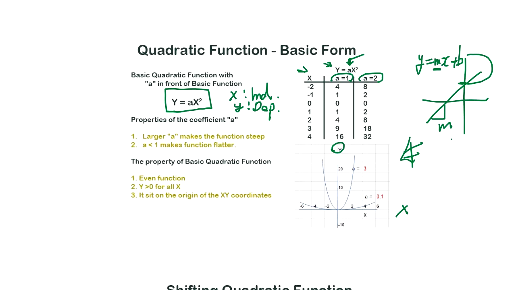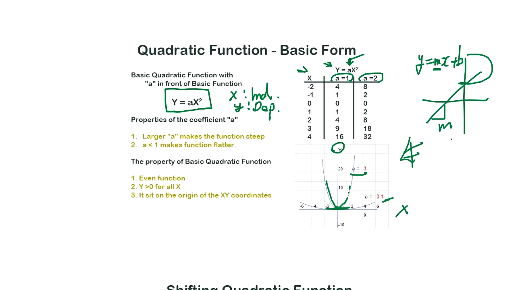You change a, a equal 1, a equal 3 or 0.1, you change your parameter, and see how the graph looks. If a is 3, the graph looks like this. If a is 0.1, the graph becomes a very shallow plate.